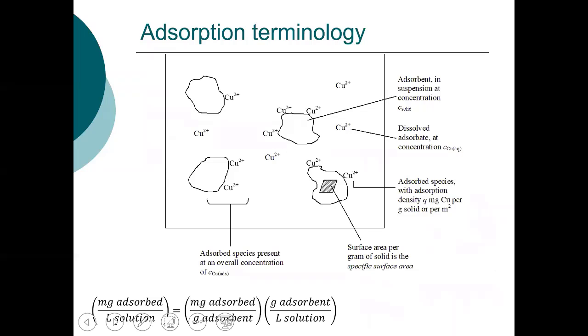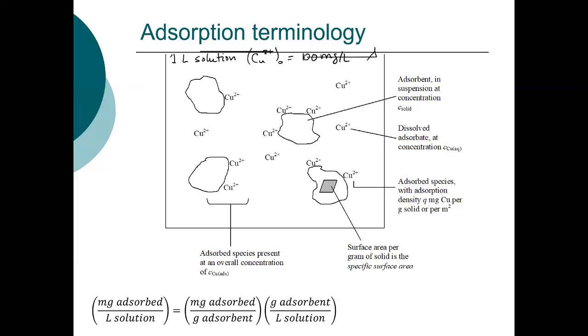Now, let's look at this as an example. So let's start out thinking we have this situation where we have 1 liter of solution. And that solution contains a copper concentration of 100 milligrams per liter. Now we add 5 grams of activated carbon.